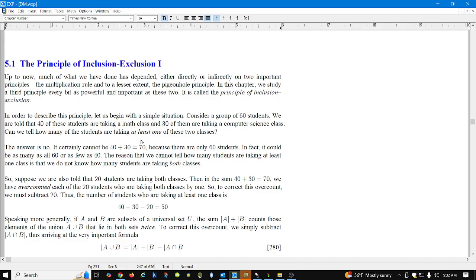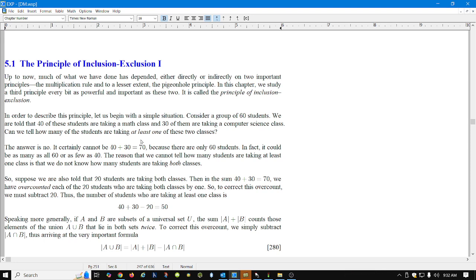In this chapter, we're going to look at a third principle, which is every bit as powerful as the two I just mentioned. It's called the principle of inclusion-exclusion.